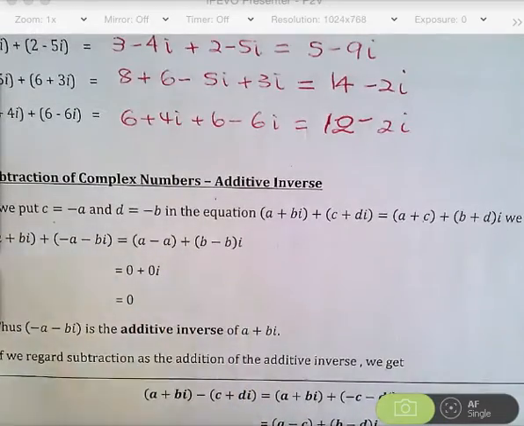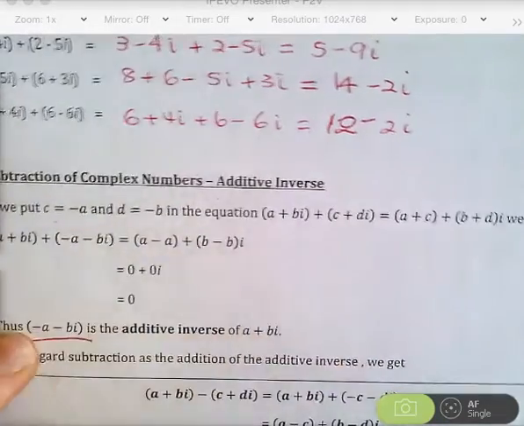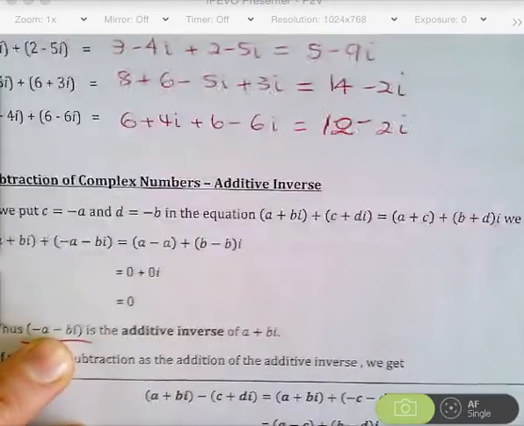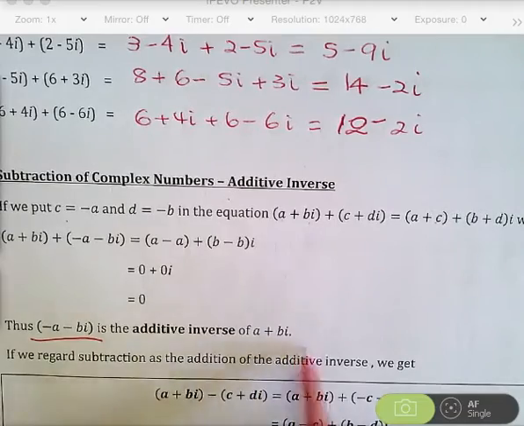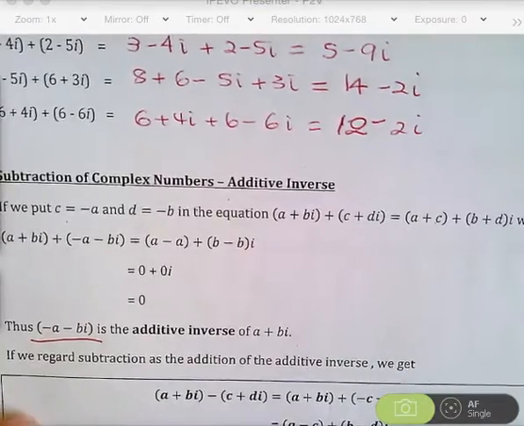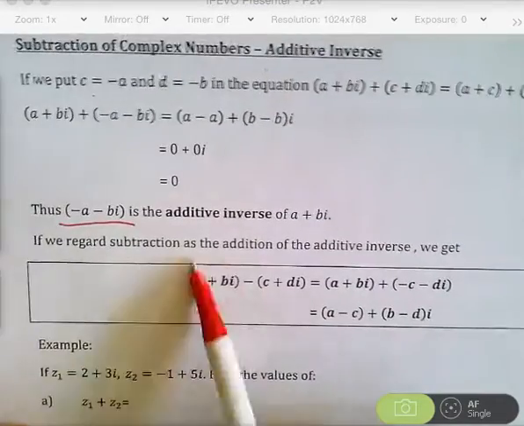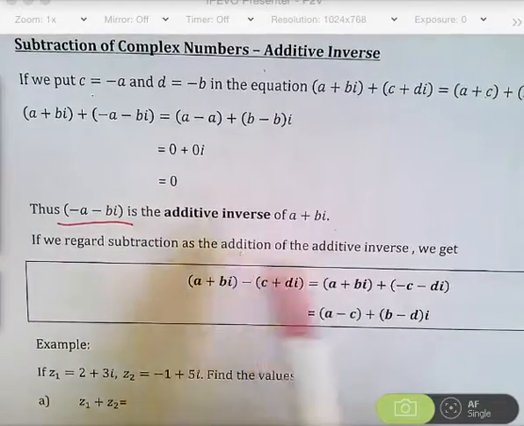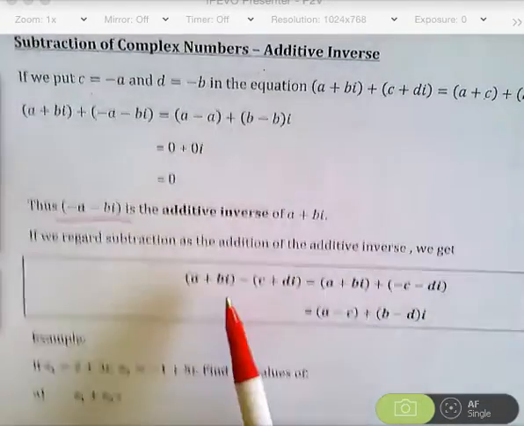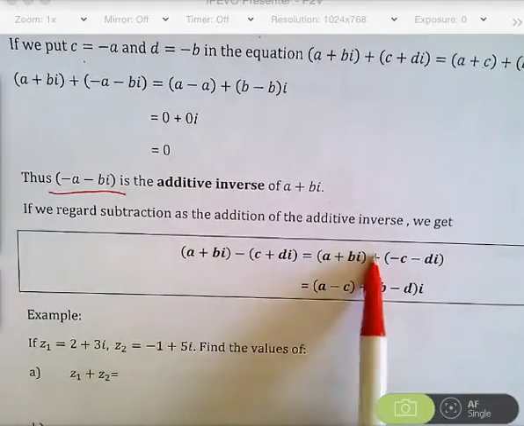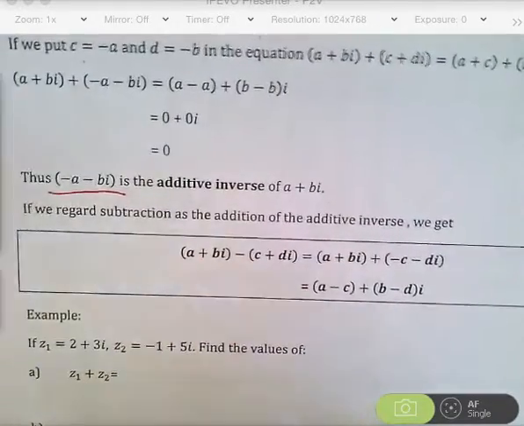What they're trying to say is that minus a minus bi is the additive inverse of a plus bi, because if you add them two together, you get 0. Basically, we regard subtraction as the addition of the additive inverse. I wouldn't worry too much about the theory, just know how to subtract.